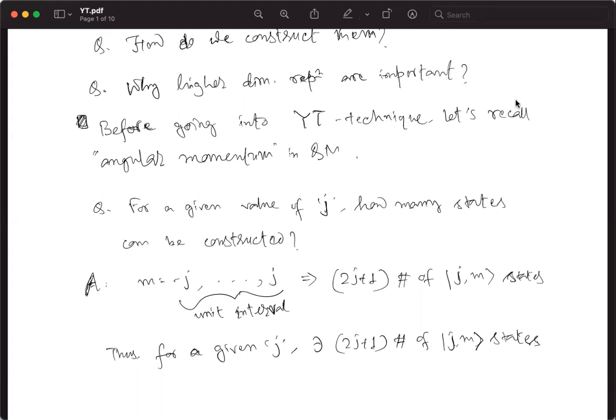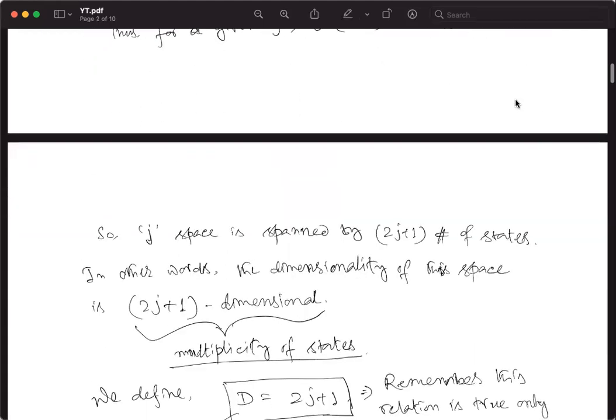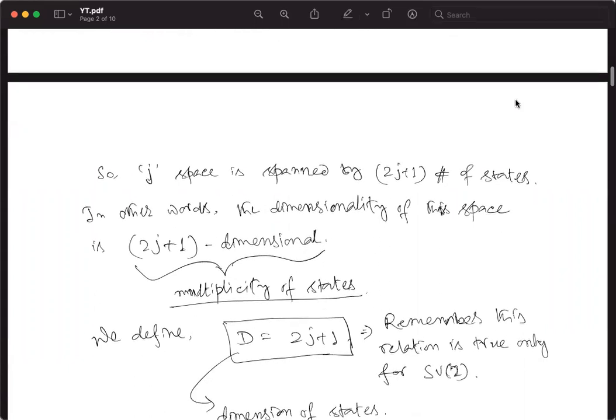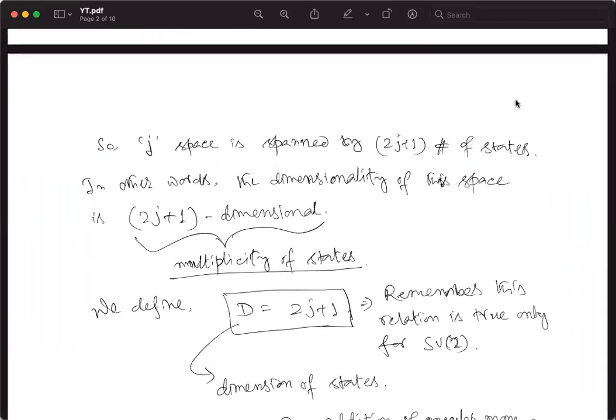So for a given J, we can say it is spanned by 2J plus 1 states, and so the dimensionality of that space is 2J plus 1. So you have already gotten the idea of the dimensionality of the space with the angular momentum. It's actually the multiplicity of that state.